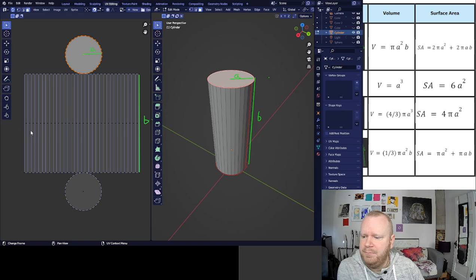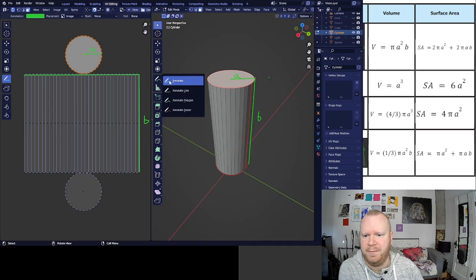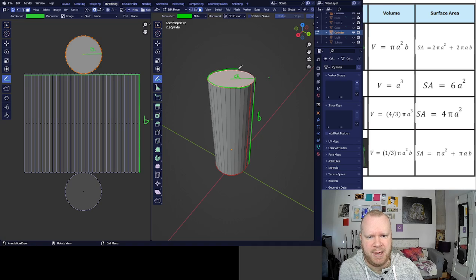And then this part here, I've got a rectangle. I know that the height of this is B, but if I want to think about what this measurement is, all right, this measurement across the top here, that's really the same. If I were to unfold this, that's going to be the same as this measurement all the way around here. Right? So if B is the height of this, and I'm sort of unwrapping this along here, this measurement is going to be the circumference of this top circle here.